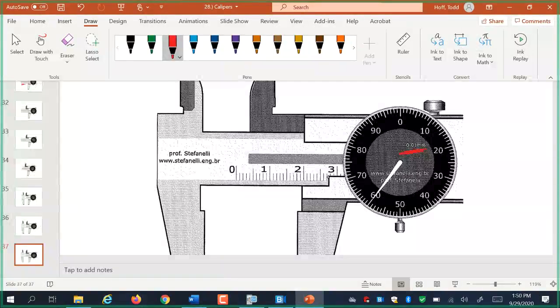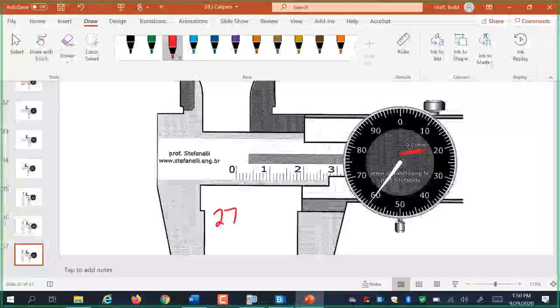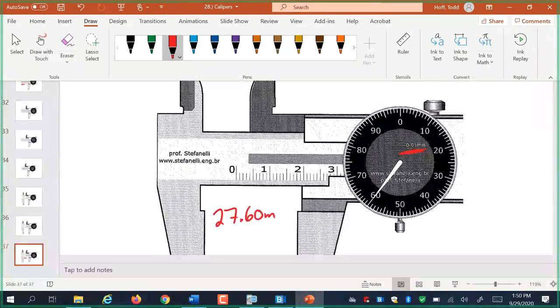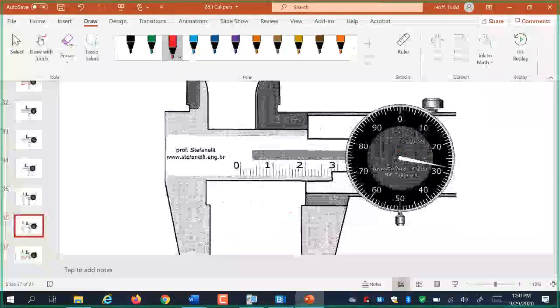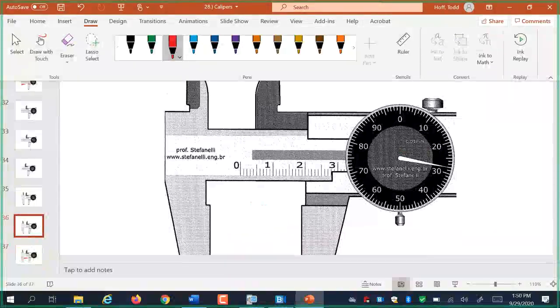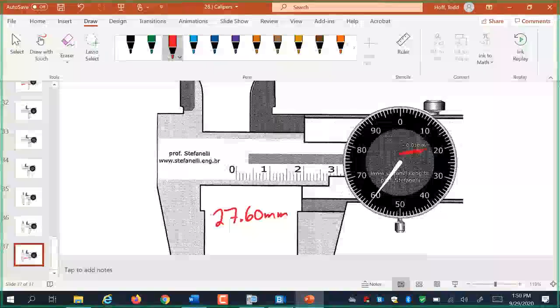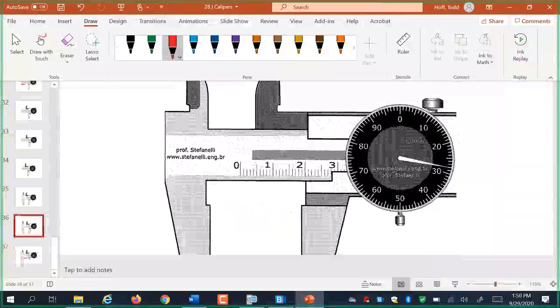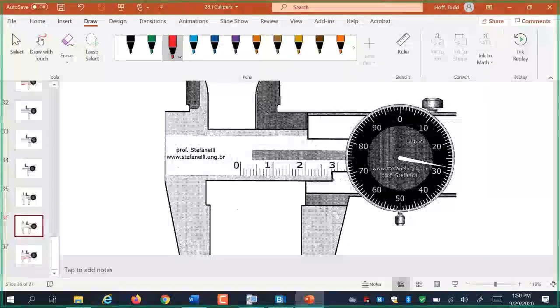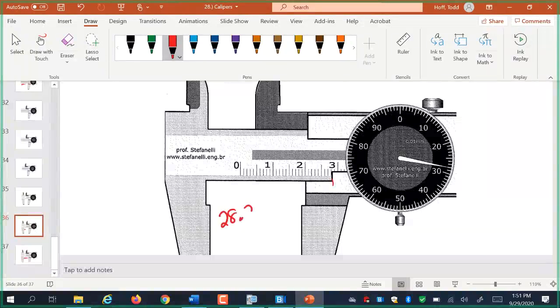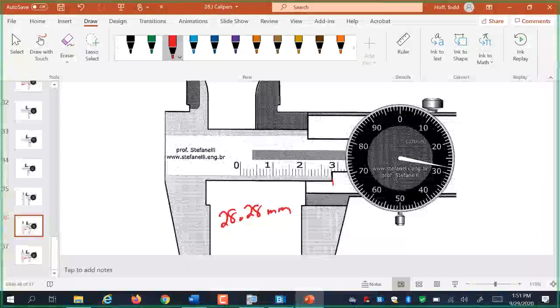So this is 27.60 millimeters. This one? I'll give you a second to read it again. So this one is just past the 28 because we've just passed 0. 28.28 millimeters.